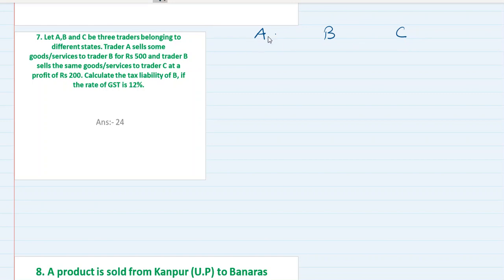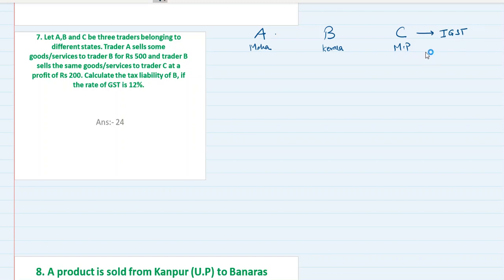Suppose trader A belongs to Maharashtra, trader B belongs to Kerala, and trader C belongs to, let's say, MP. They are all from different states. So here the kind of GST which will be applicable will be IGST. IGST will be applicable over here.